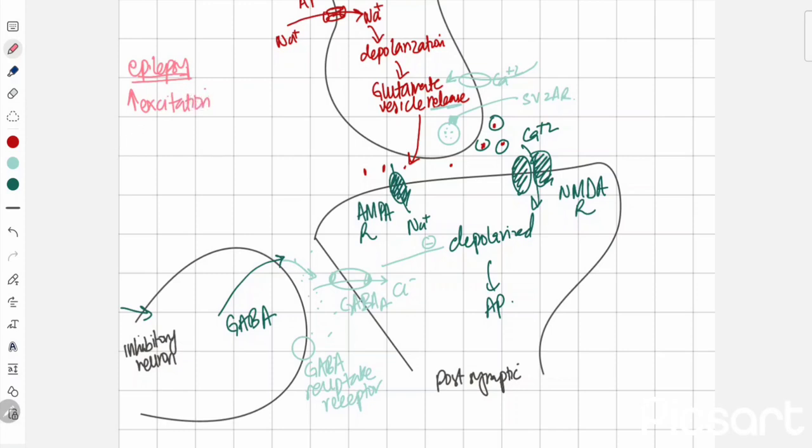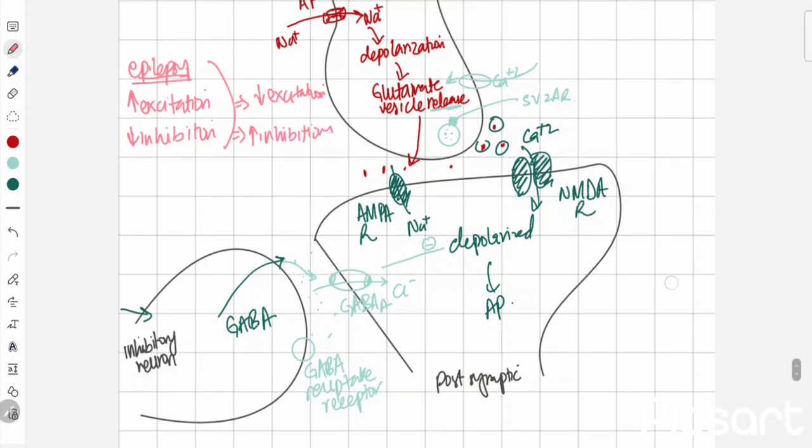So we can do two things to treat epilepsy: we need to decrease excitation and we need to increase inhibition. Now, ladies and gents, how are you going to do it? Look here.